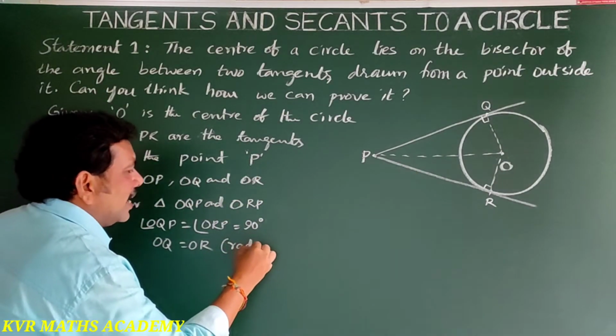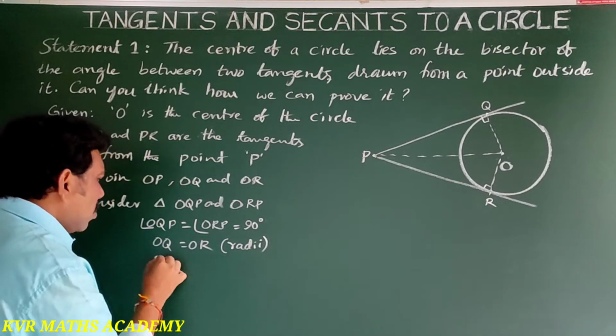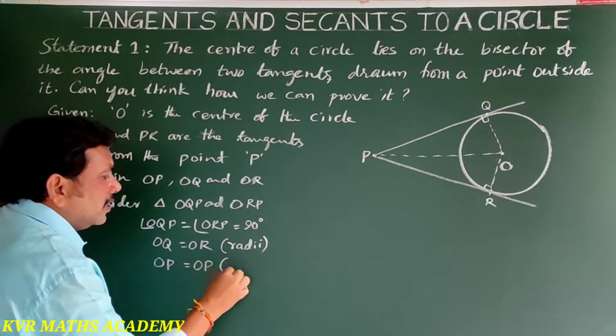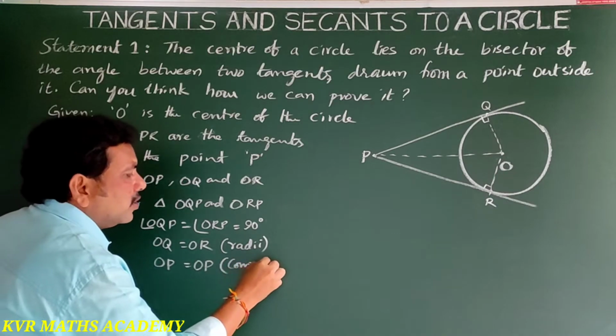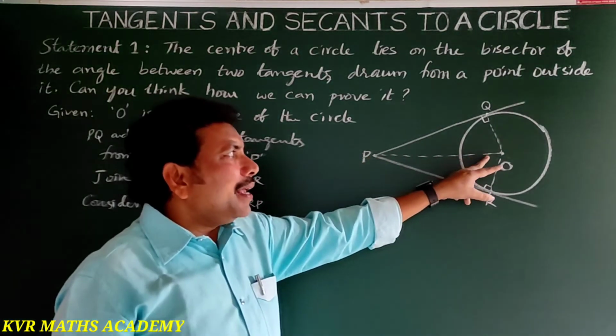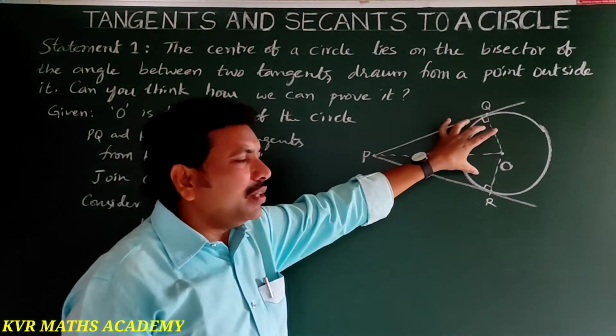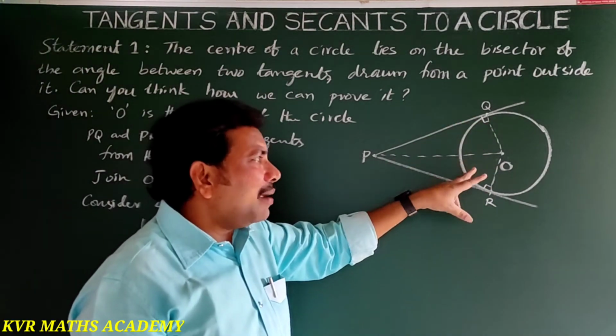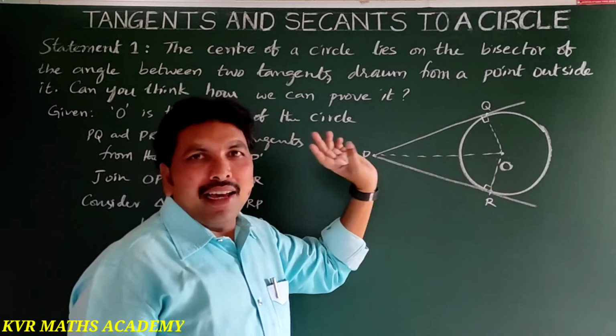Next, OP is equal to OP, which is the common side to both triangles. Actually OP is the hypotenuse of both triangles, because it is opposite to the right angle.